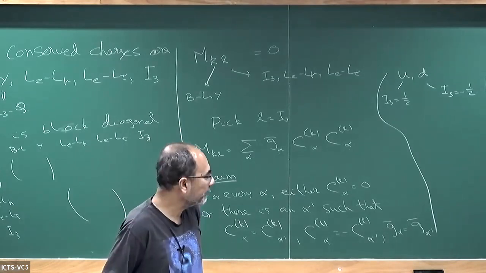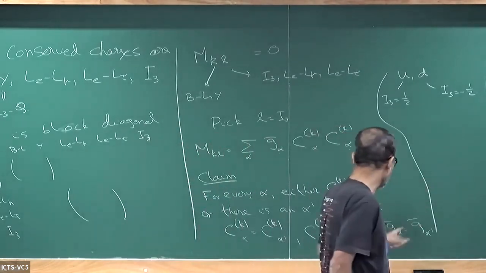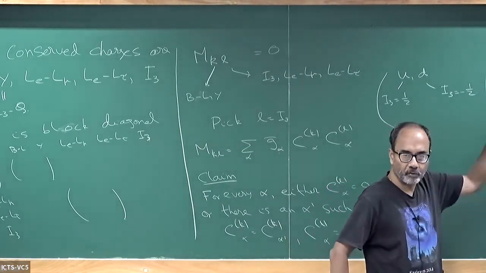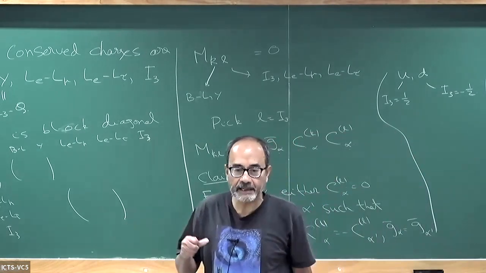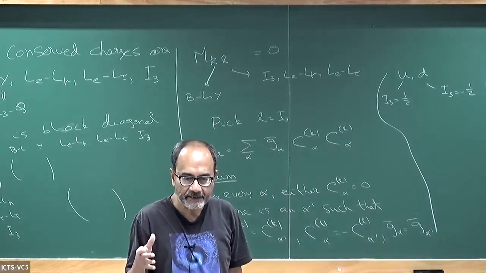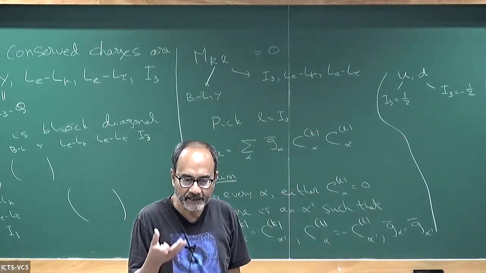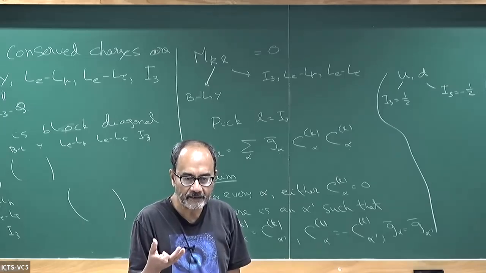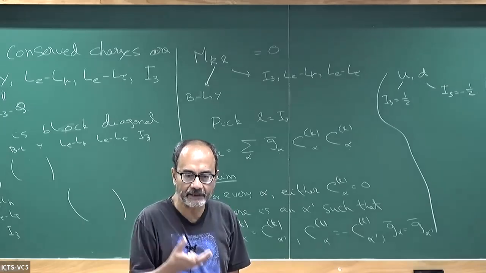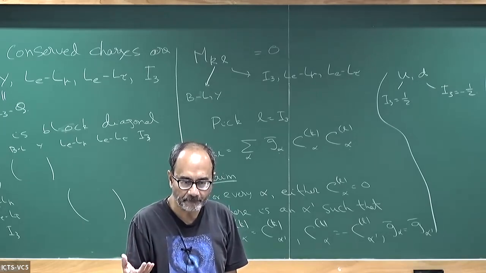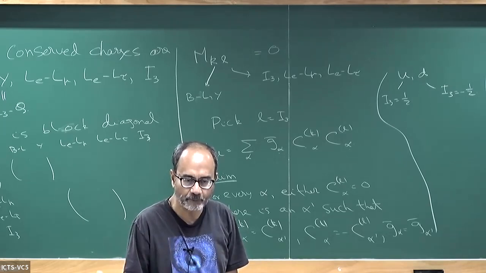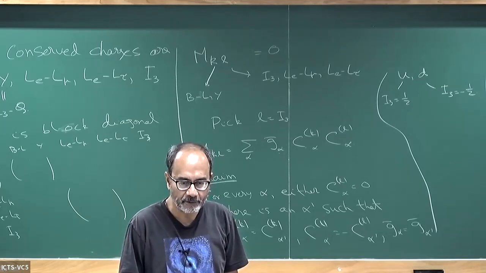So the same argument that we gave here is also true for Le minus L mu, because the muon and electron multiplets transform identically under SU2 times U1. Whatever Y the electron has, the same Y will be shared by the muon. Whatever Y the neutrino has, the same Y will be shared by the other neutrino.